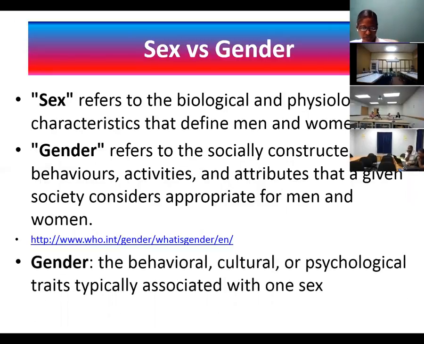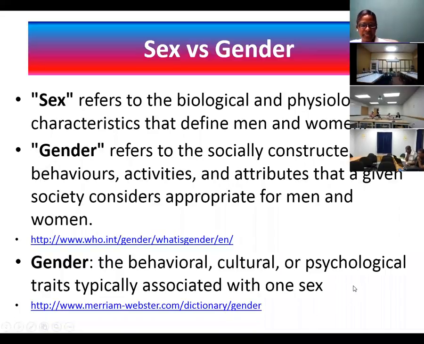Gender, another source says, is the behavioral, cultural, or psychological traits typically associated with one sex, whether male or female.